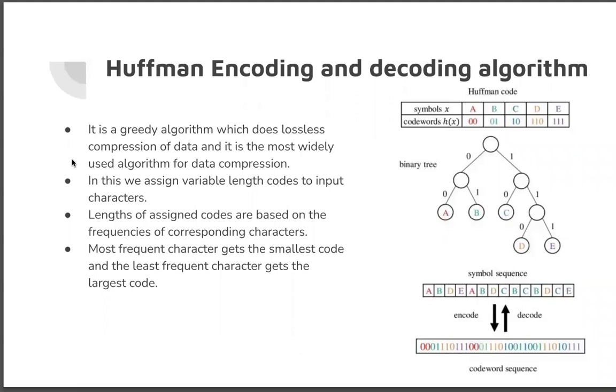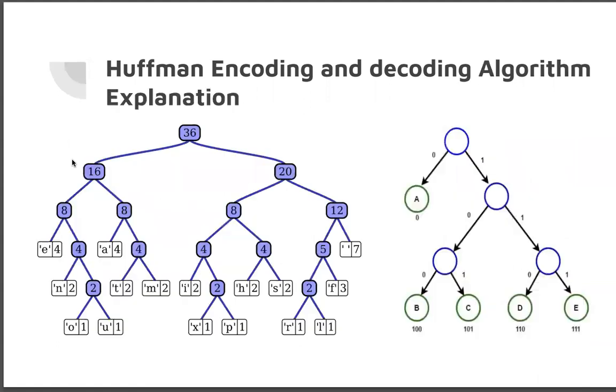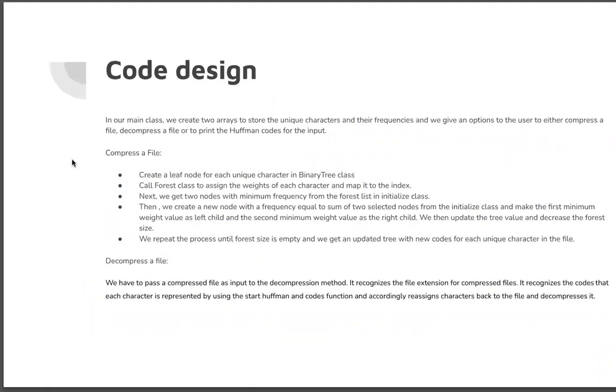We generally use this algorithm as this encoding schema results in saving a lot of storage space, as said earlier, since the binary codes generated are variable in length. And it generates shorter binary codes for encoding symbols that appear more frequently in the input string. Now Raviteja will continue with the code design and general approach for the code.